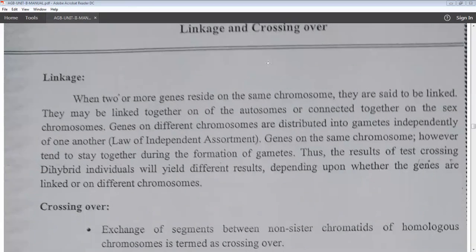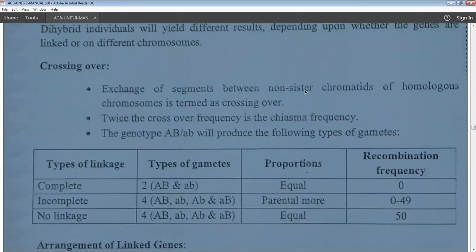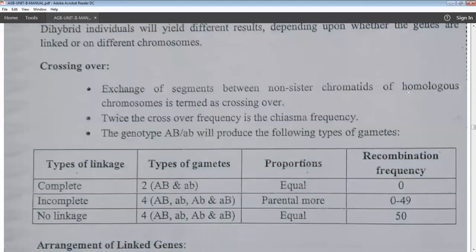Okay. Next is crossing over. Crossing over is the exchange of segments between the two non-sister chromatids of homologous chromosomes. You had covered this in the theory portion. For example, this is one chromosome. Okay.